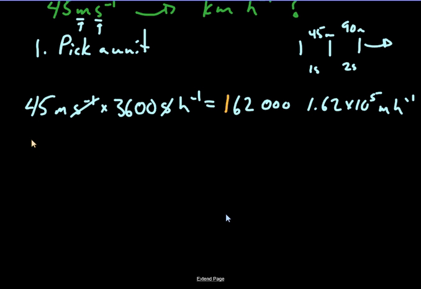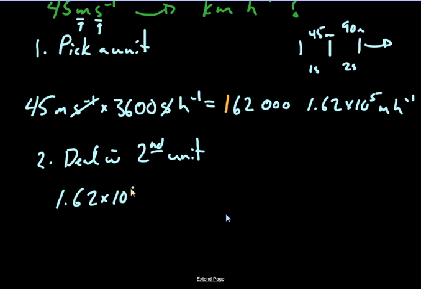Your next step: you picked a unit, you dealt with that unit, now deal with the second unit. In this case, the second unit you have to deal with is taking meters over to kilometers. So 1.62 times 10 to the 5 meters, happening every hour, times 1,000 meters in every kilometer. But we're going to end up with a smaller value here, right?